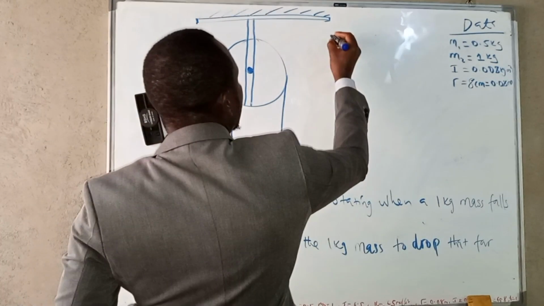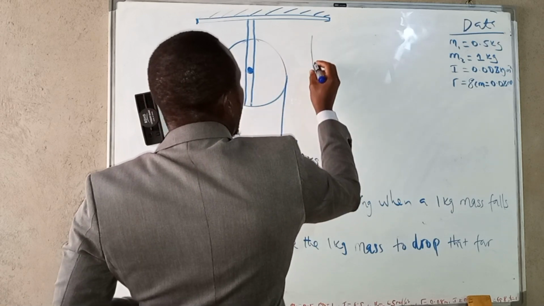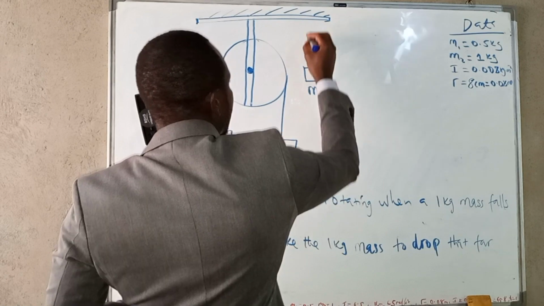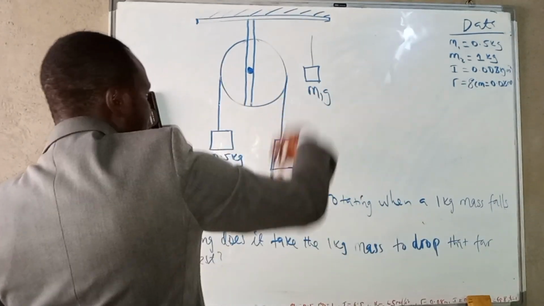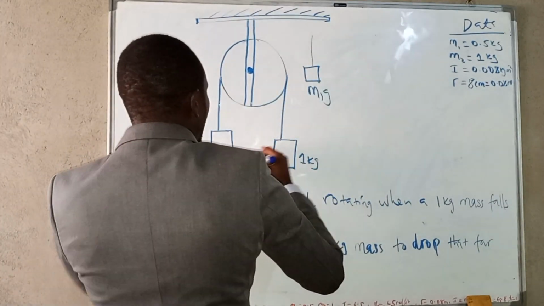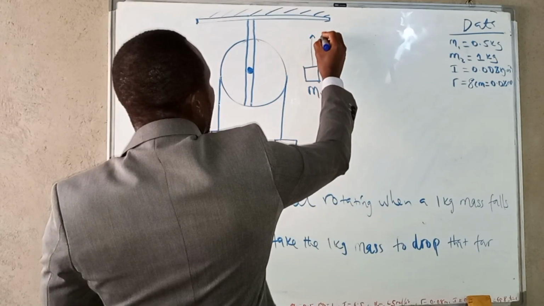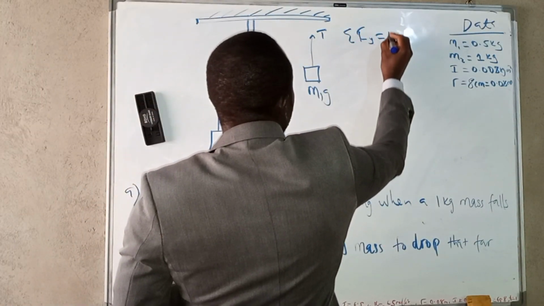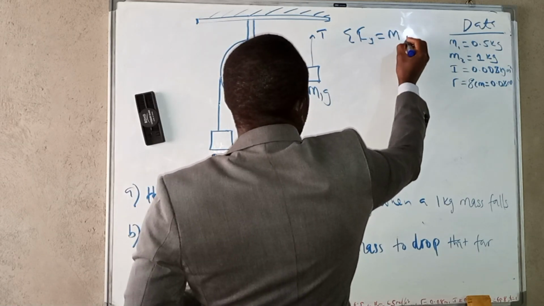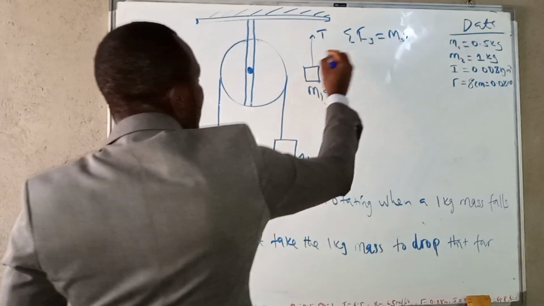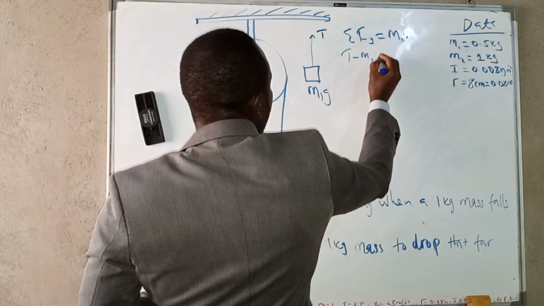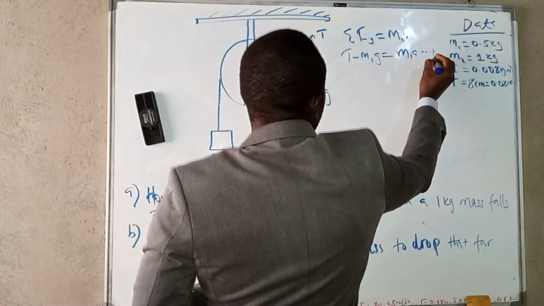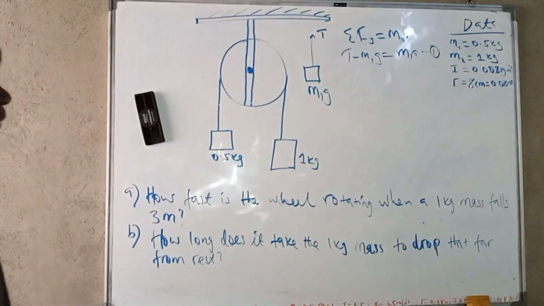For M1, we have M1G going down, and since it is going up, we have the tension here. Summation of forces in Y must give us MA in Y. So we have T minus M1G equal to M1A. Let's call this equation number 1.